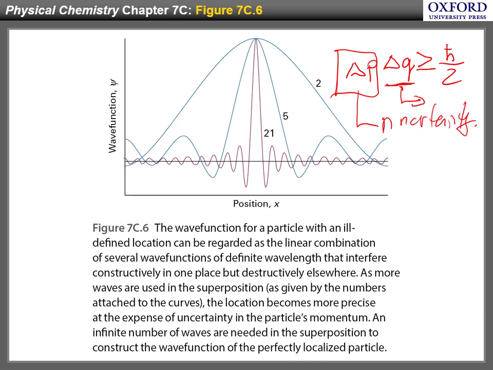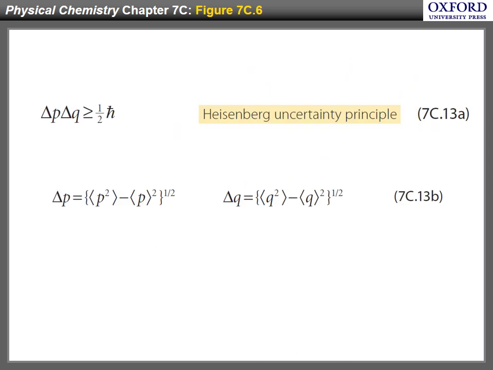Now let's do an example, and let's finish with this. Well, actually, let's open up a new page. So here we have the Heisenberg's uncertainty principle, in which we have the uncertainty in a linear momentum and an uncertainty in a position.